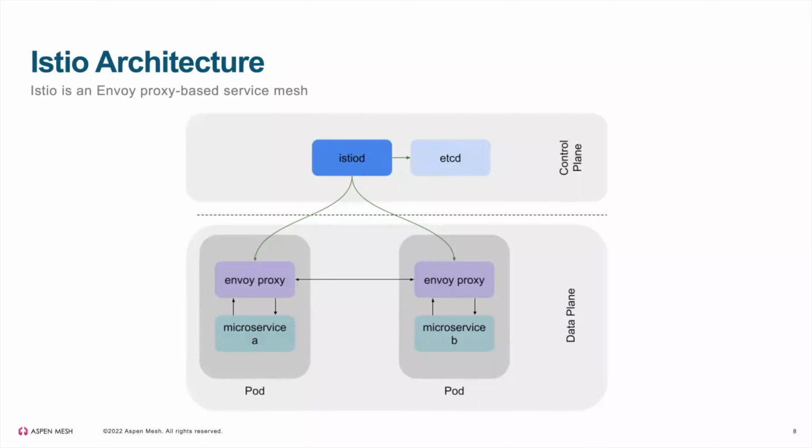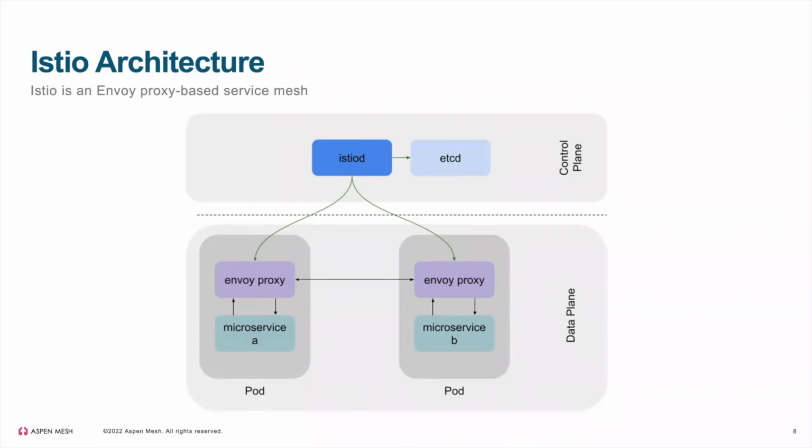So one of the things in the data plane is that Istio does, and we'll see how it actually does this, but it automatically injects an Envoy proxy into each pod that has one or more microservice containers running within it.